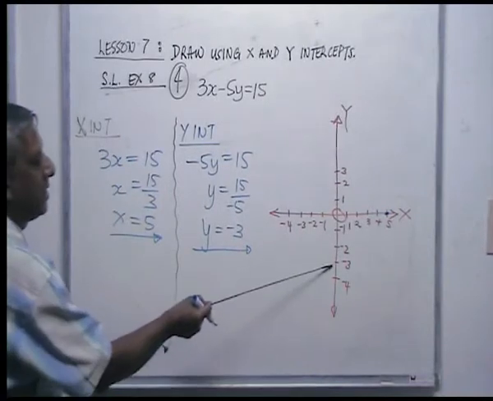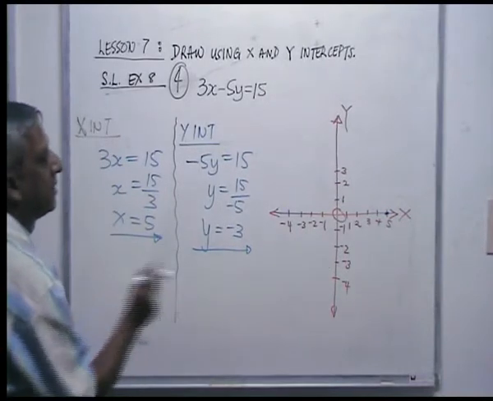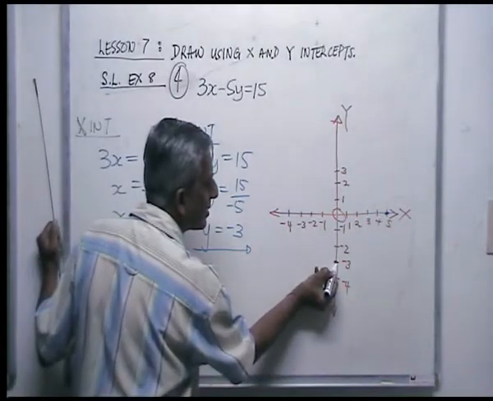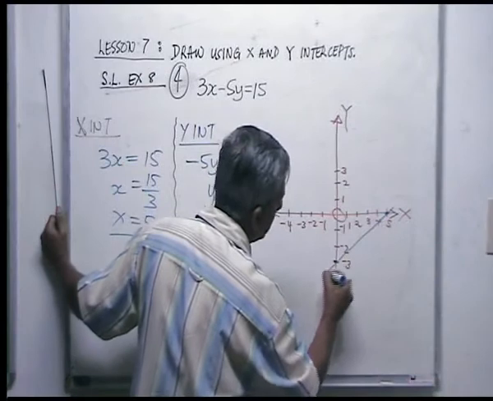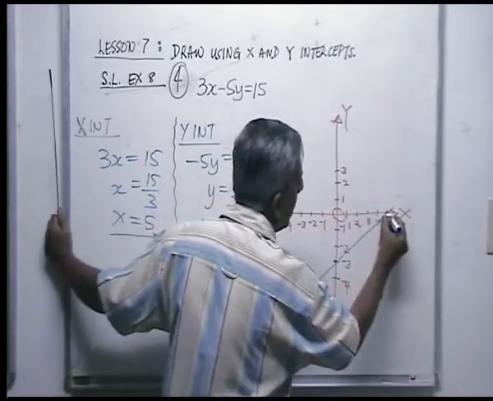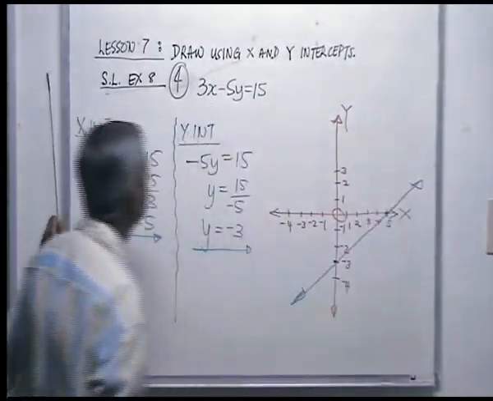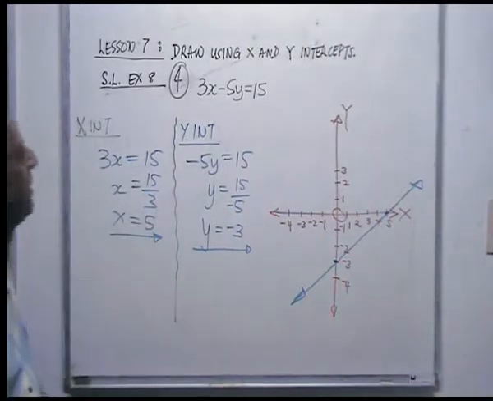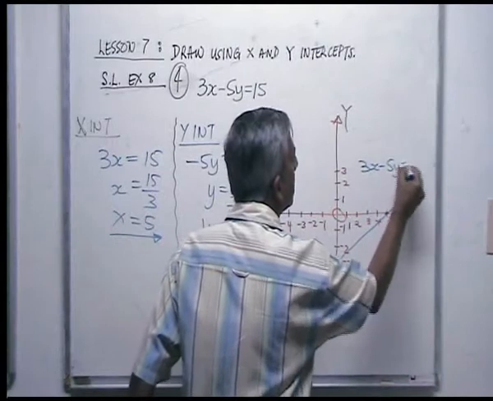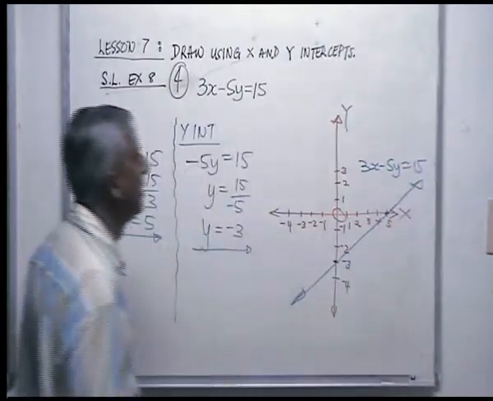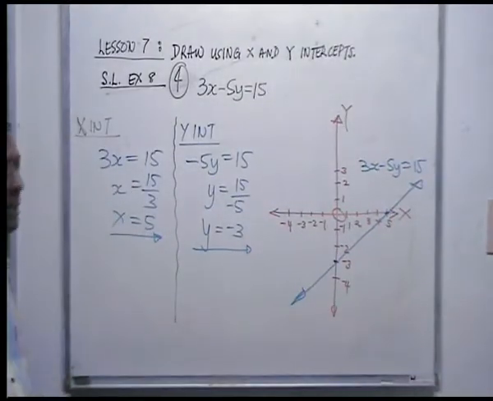Look for minus 3 and put a dot on minus 3. There's your dot on minus 3. And then you use a ruler and join these 2 points and you get a straight line. And as usual, label it 3x minus 5y is equal to 15, and the graph is labeled.